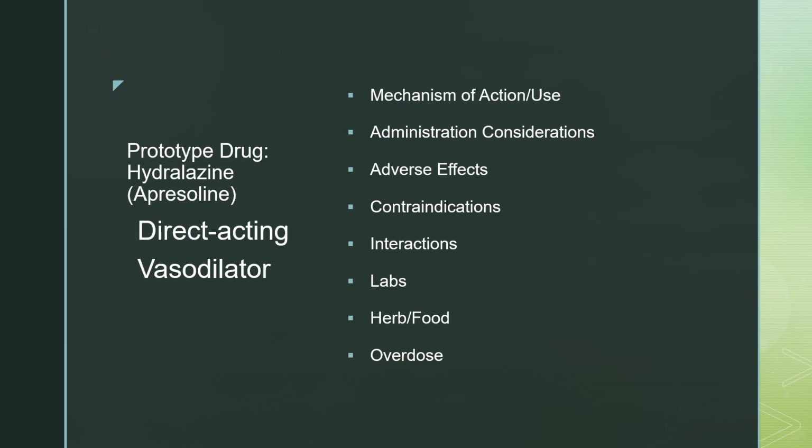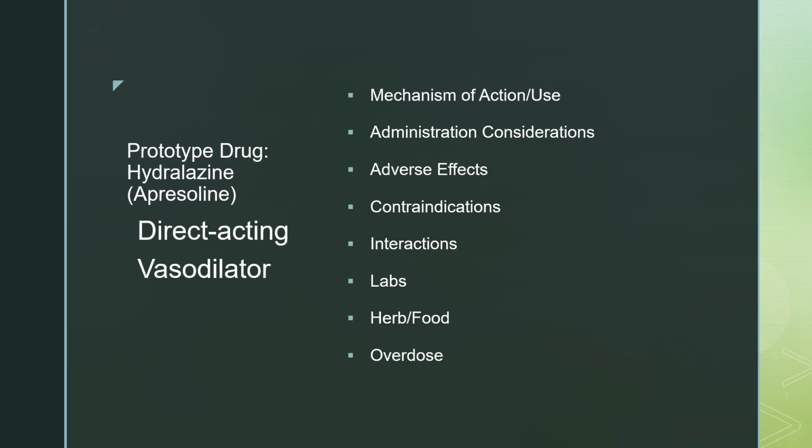Adverse effects: this can cause headache, reflex tachycardia, palpitations, flushing, nausea, and diarrhea. But they may resolve as the therapy progresses if they're taking this orally. Clients on hydralazine often receive a beta-adrenergic blocker to counter that reflex tachycardia. Sodium and fluid retention is a potentially serious adverse effect.